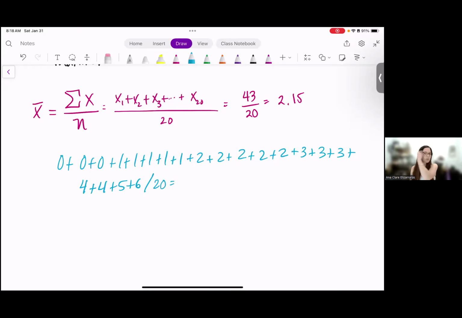Because if you do this all at once, your calculator is going to follow the order of operations and it's going to divide 6 by 20 first and then add all of the rest of these. So it's very important that you either add everything, get that sum, and then divide by 20, or you use parentheses. So either do it in 2 steps or use parentheses around the numbers that you're adding and then divide by 20 because the order of operations is never wrong.